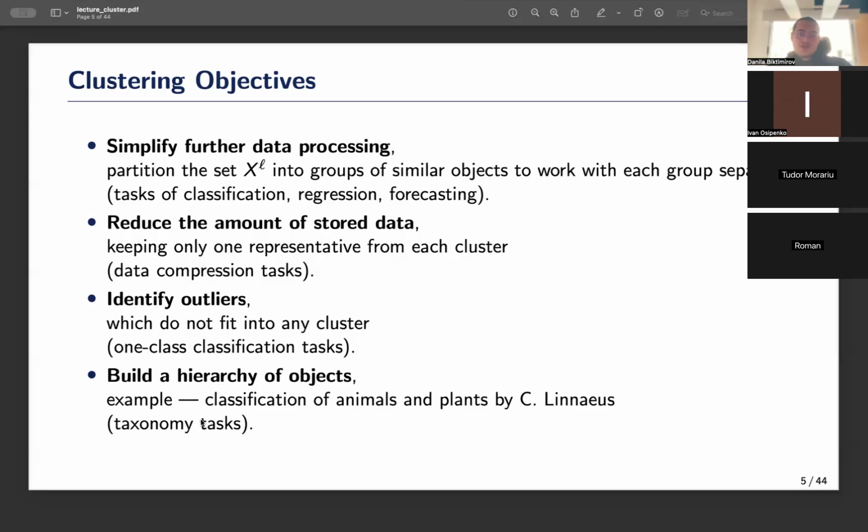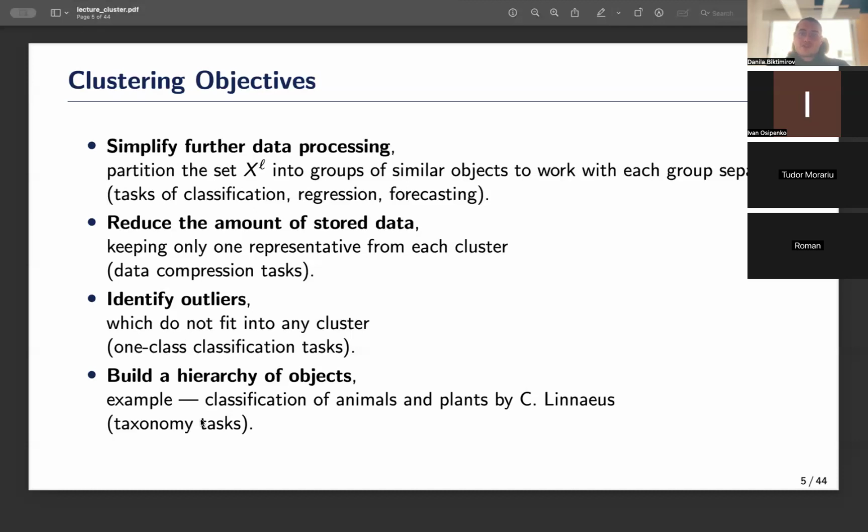Also, to reduce the volume of stored data, retaining only one representative per cluster, like a data compression task. To identify atypical objects that do not fit into any cluster, for example a one-class classification task. And to build a hierarchy of object sets, a taxonomy task.